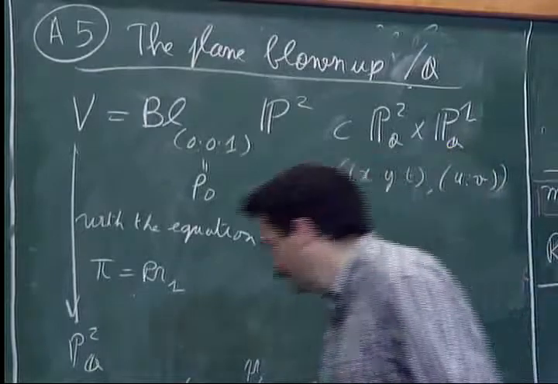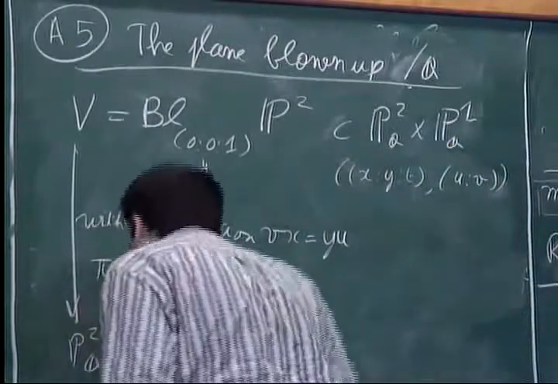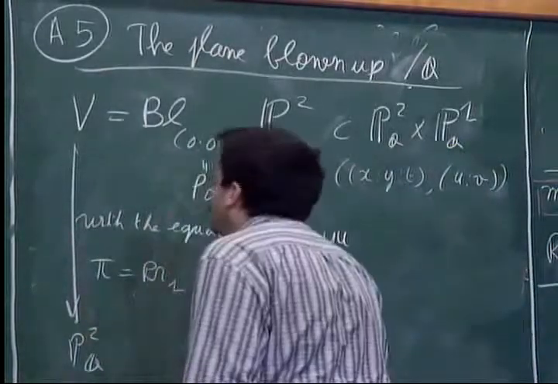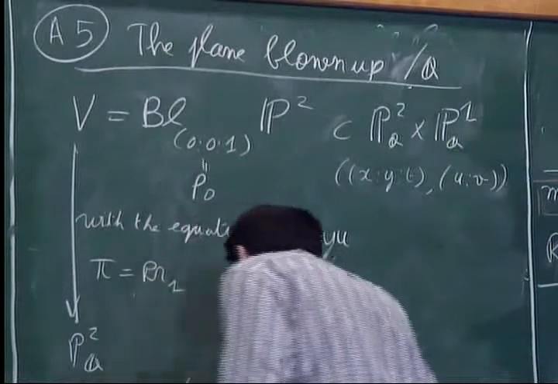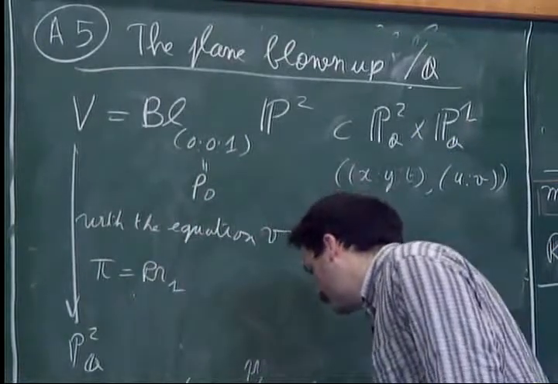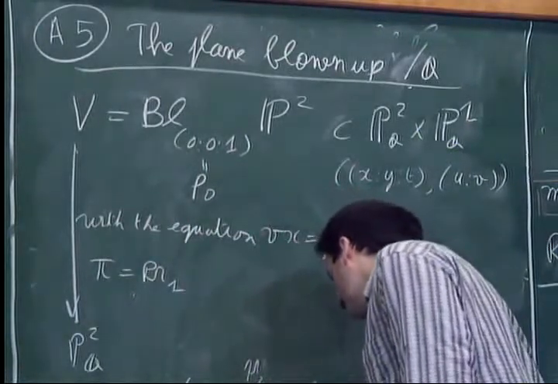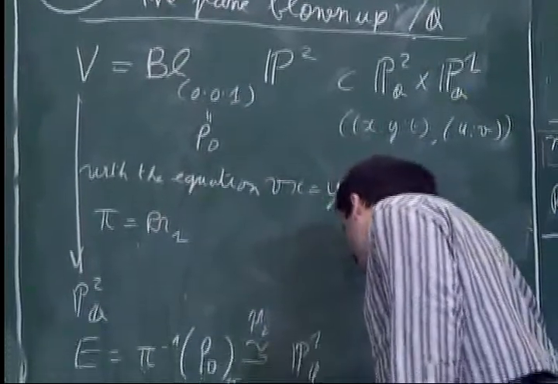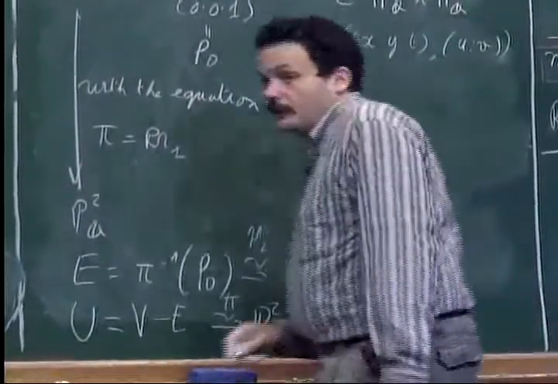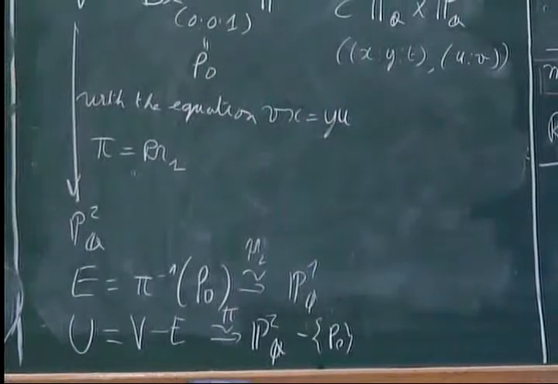And if I take the open subset U, which is V minus E, then this is isomorphic through pi to the projective plane minus the point P naught. Okay?